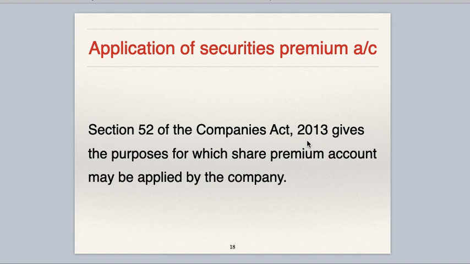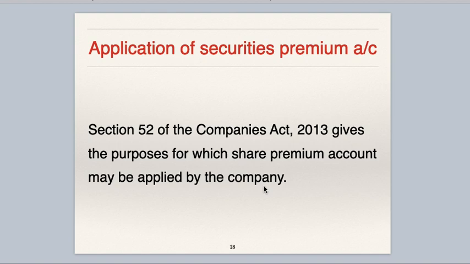That is the purpose for which this capital profit, received on account of securities premium, is to be used. So this securities premium company can use for issuing fully paid bonus shares to its members.